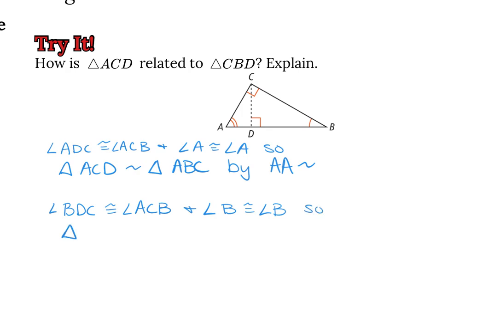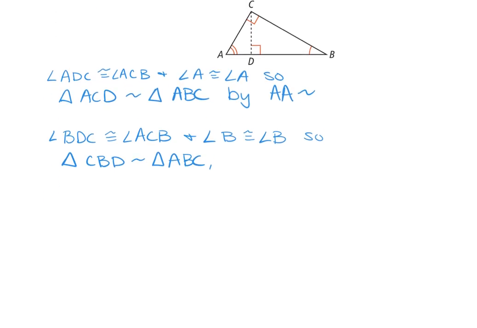So triangle CBD is similar to triangle ABC. Because we are able to prove both of those, we are able to prove that triangle ACD is similar to triangle CBD through the transitive property.